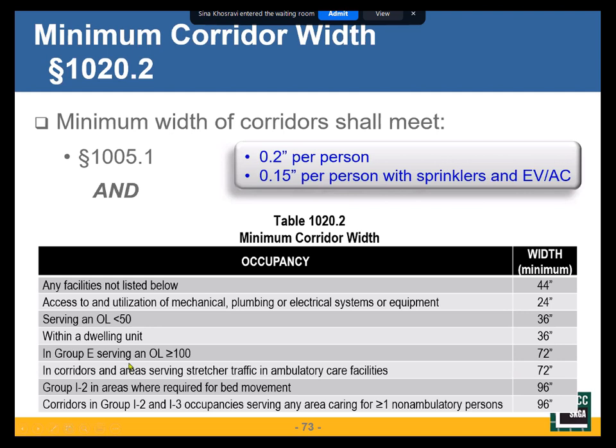Group E, occupant load of 100 or more, 6 feet. Ambulatory care facility, 6 feet. I2 and I3 with non-ambulatory persons, 8 feet. So everything else that's not listed here, 44 inches.